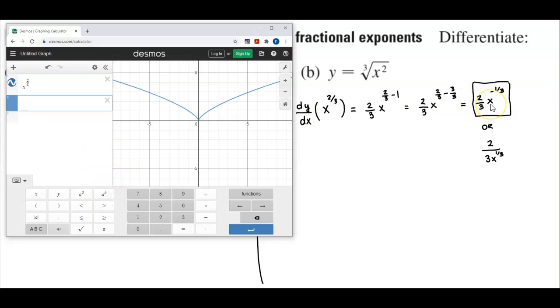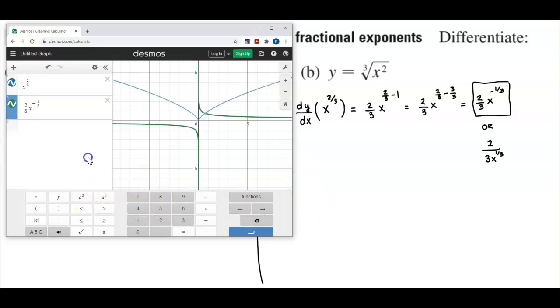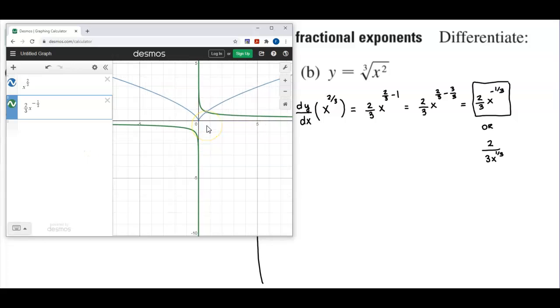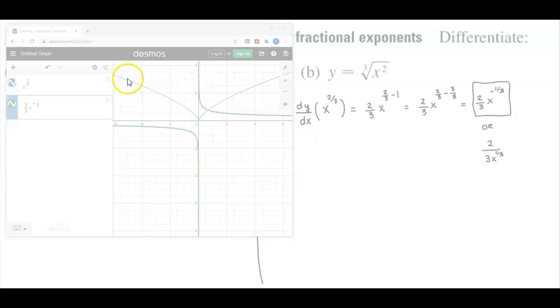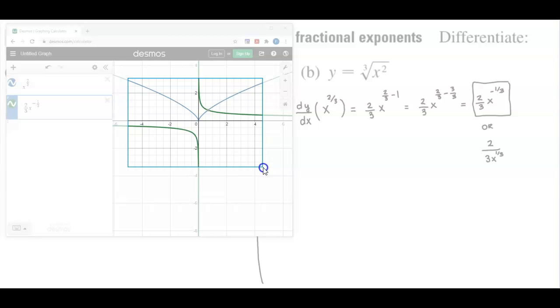And then we have the derivative, which is 2/3 x to the power of negative 1/3. Okay, so let's take a look at that function. Let's go ahead and copy this graph, elaborate a little bit more on it.